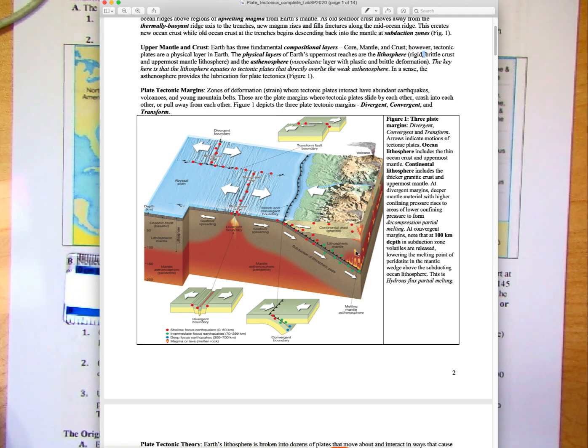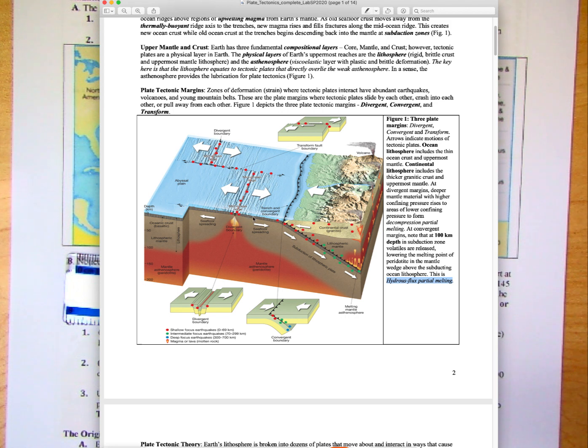The other thing to note is that in this lab, we'll be talking about the origin of magma. Note there is this hydrous flux partial melting here, which occurs in subduction zones only because the ocean lithosphere is hydrated by hydrothermal circulation at the mid-oceanic ridge.